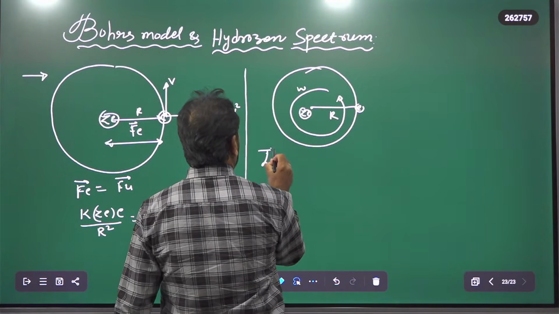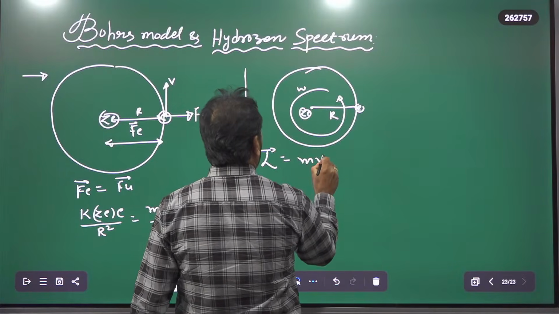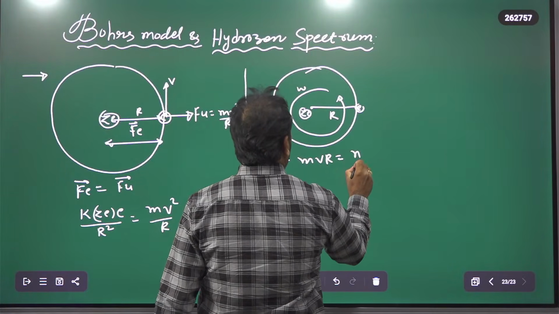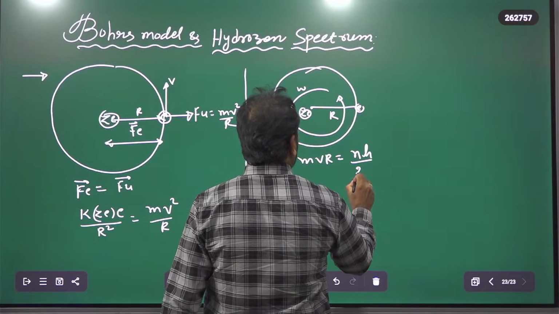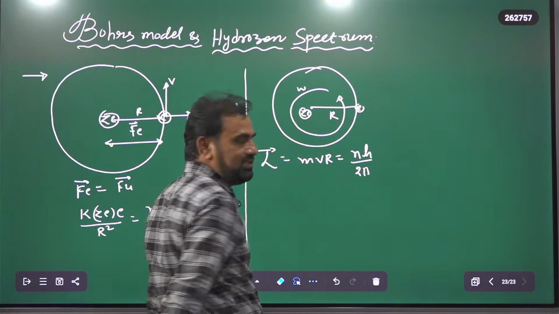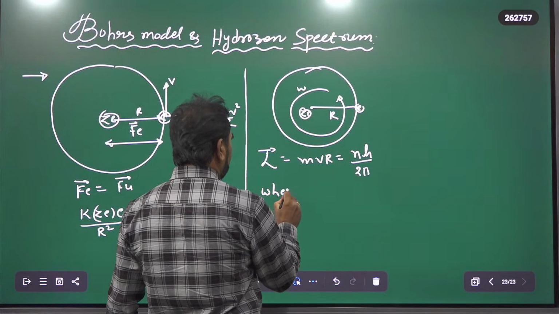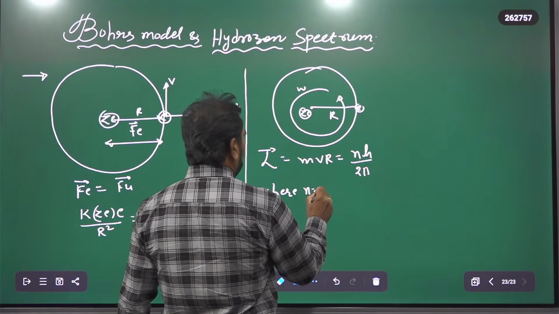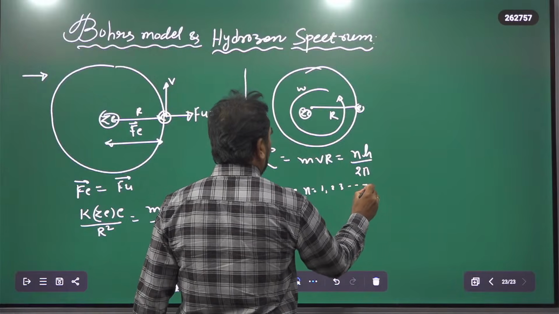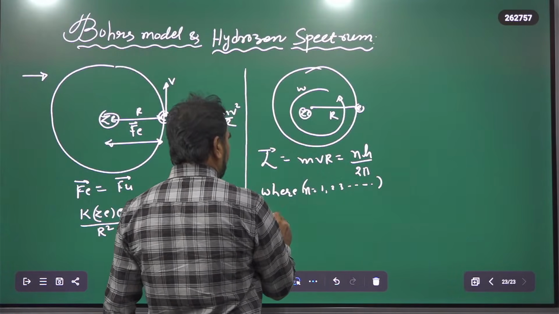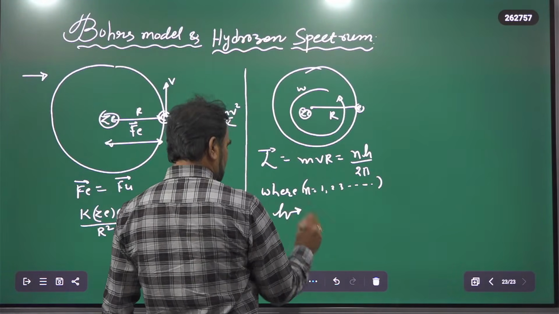L is equal to mvr is equal to nh upon 2 pi, where n is equal to 1, 2, 3 and so on, and h is called Planck's constant.